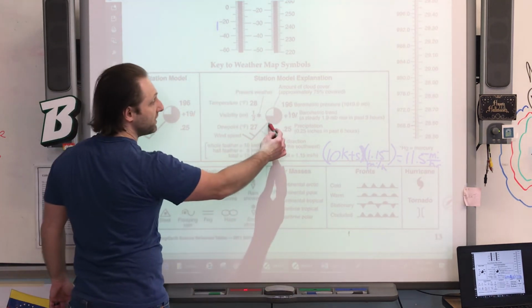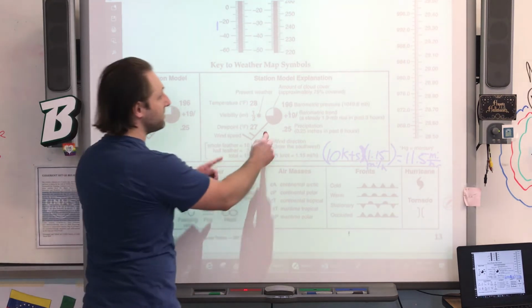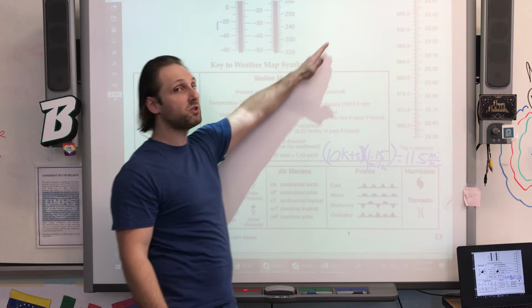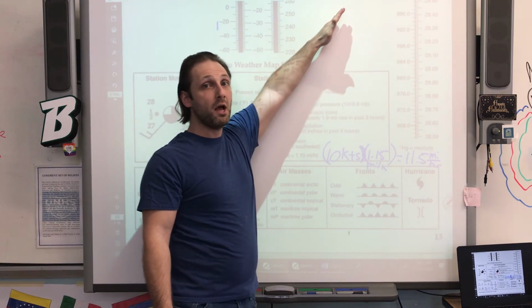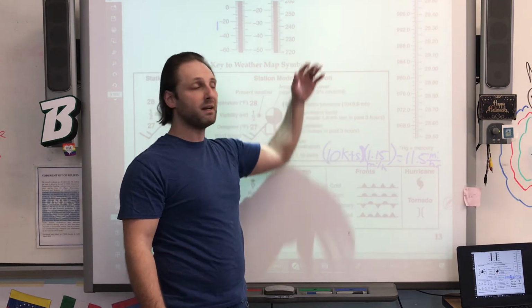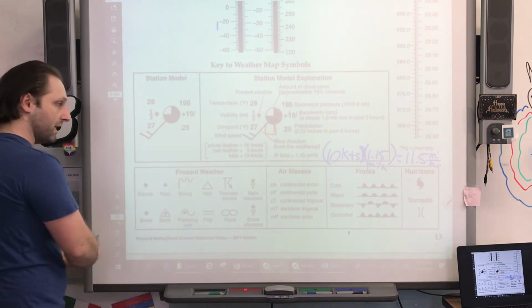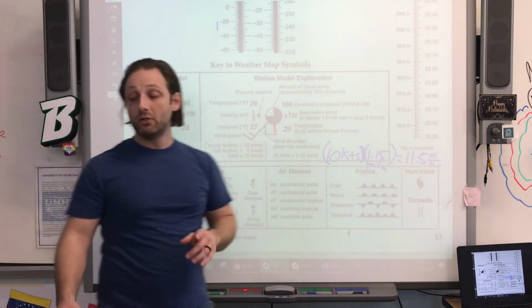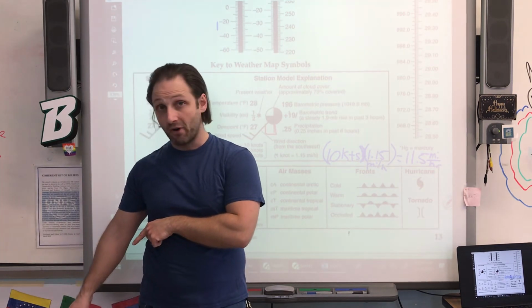Also, think of this tail as if it's a little airplane. The airplane's flying to some destination, but in order to fly somewhere, it must have come from someplace. So our tail always points to the direction that the wind came from.